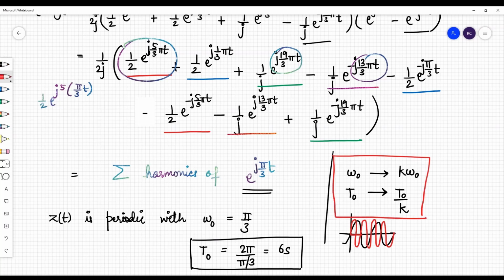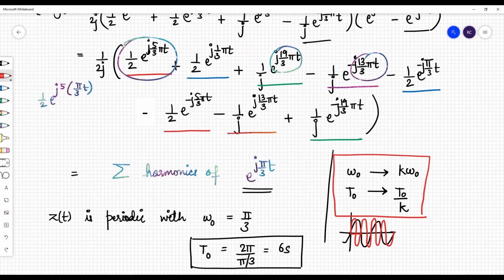That is why harmonically related sinusoids, when you add them linearly, just multiplying with some weights, like here the weights are 1 upon 2j, 1 by 2, these weights are immaterial to the fact that these are complex exponentials, and because they are harmonically related, their summation is also going to be periodic. And the minimum common form that you find, common in all of these, the basic angular frequency, is pi by 3.